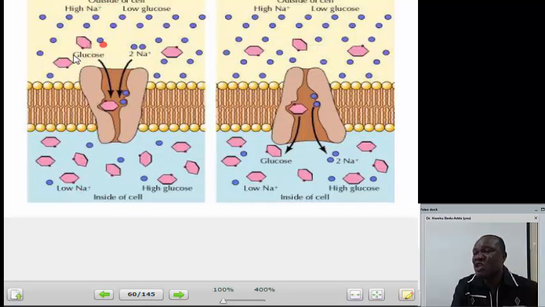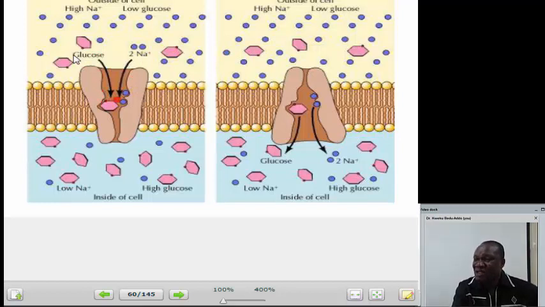Because sodium is being moved from a region of high concentration to a region of low concentration, it releases energy. And the energy that the sodium transport is releasing will be harnessed by the carrier protein to move glucose from a region of low concentration into the cell where glucose concentration is high.